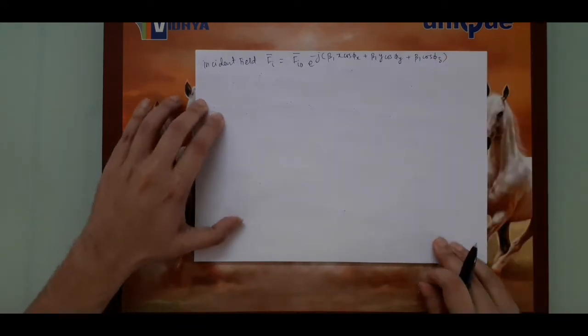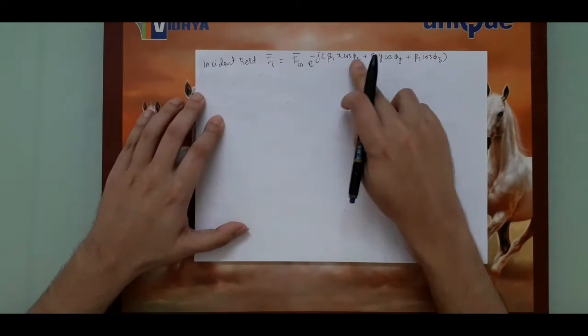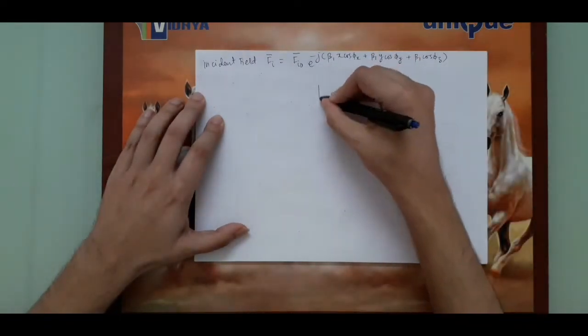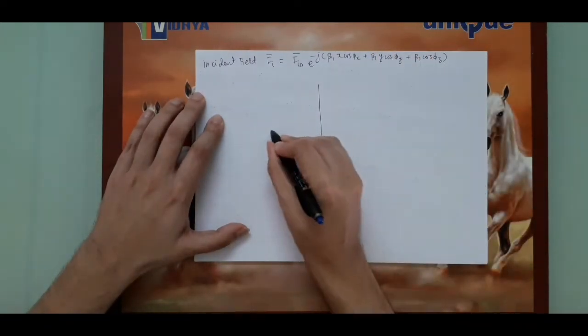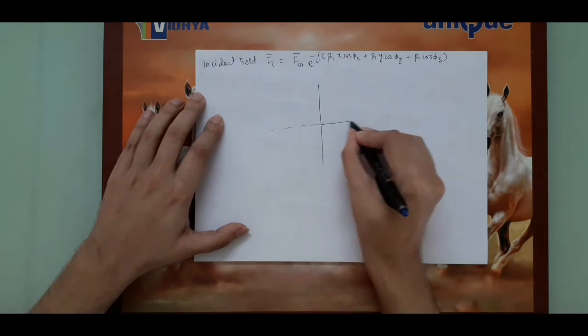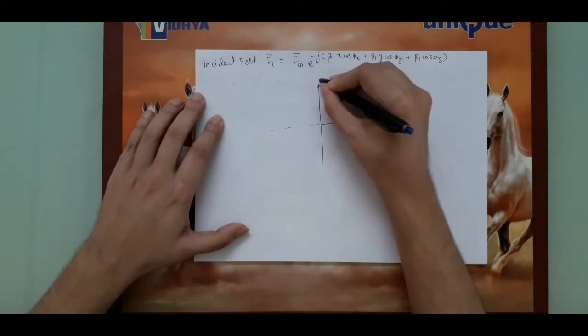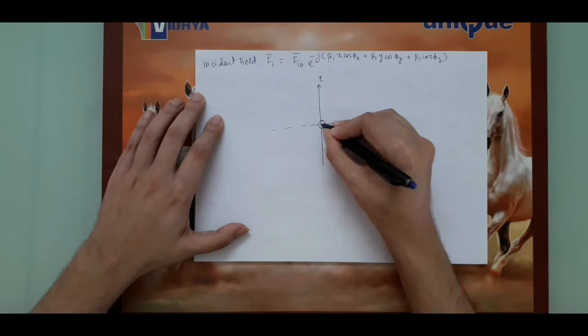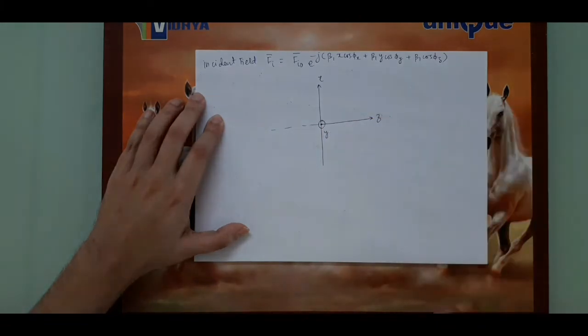Now let us try to investigate what these are, these phi x, phi y and phi z. So for that let us redraw the three axes. This is the x, the y is this way and z is here.